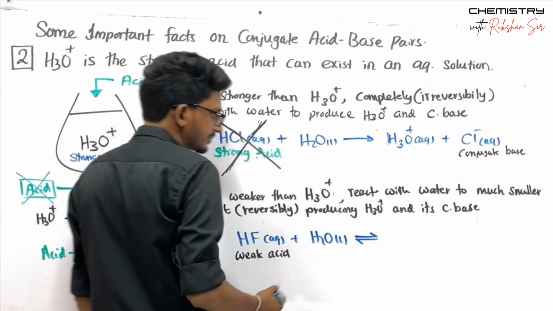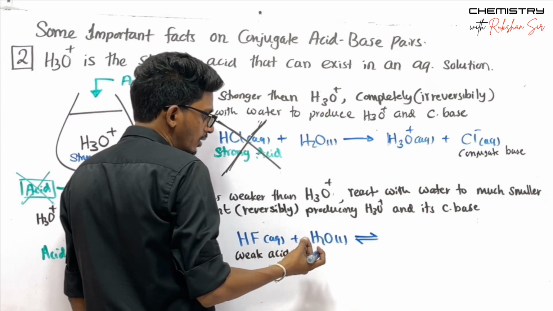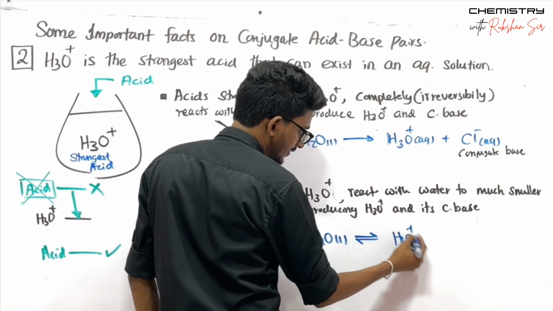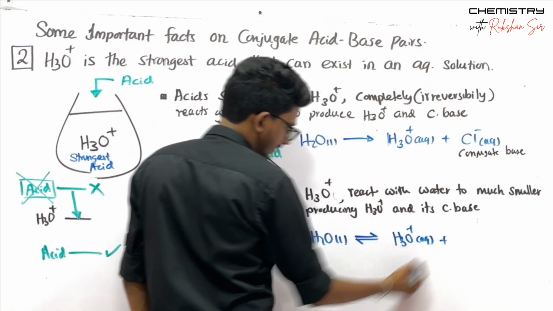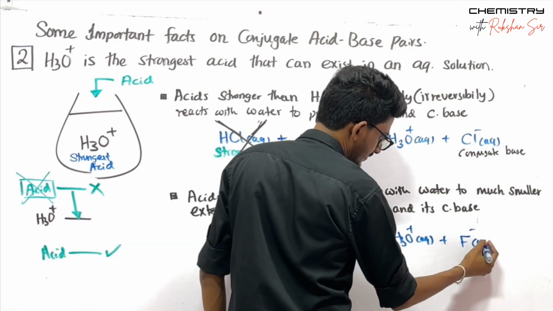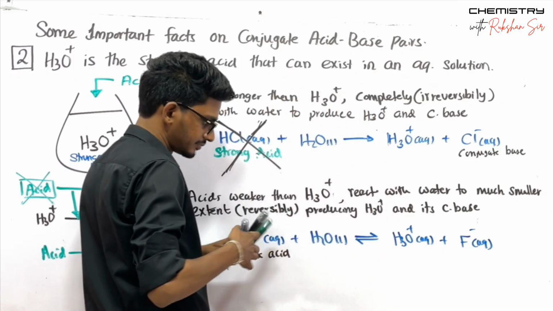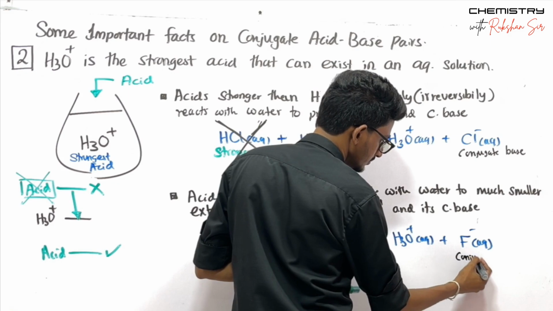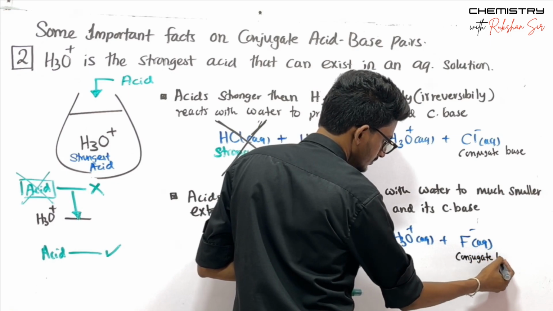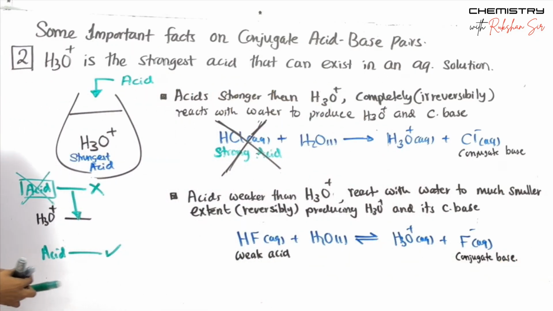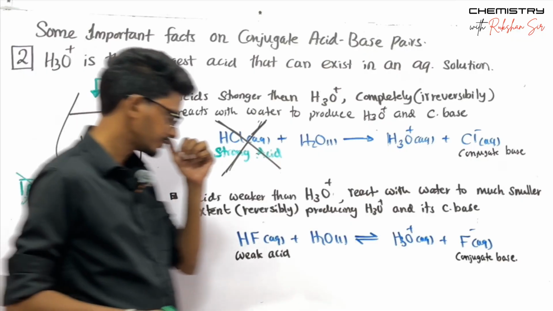The very few that react will produce the H3O plus and its conjugate base, F minus.